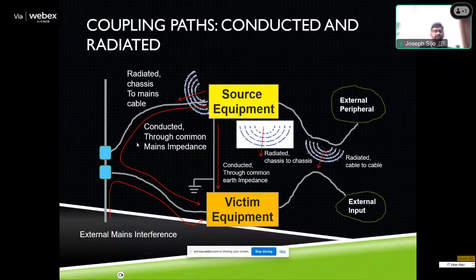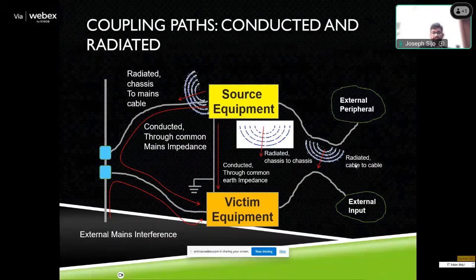Here we can see one circuit connected to power and signal cables, and the source equipment emits radiation. The radiation goes to the chassis and the external peripheral, and it will connect to another cable, so there will be a chance of emission of radiation.